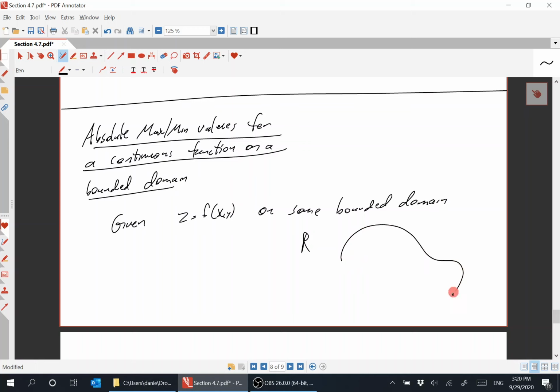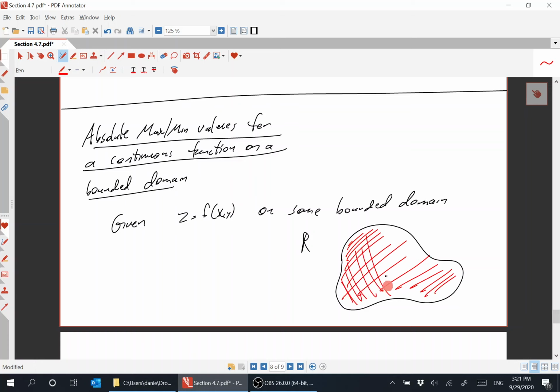So a bounded domain R consists of a couple things. You've got the interior of R, and then you've also got this boundary of R.